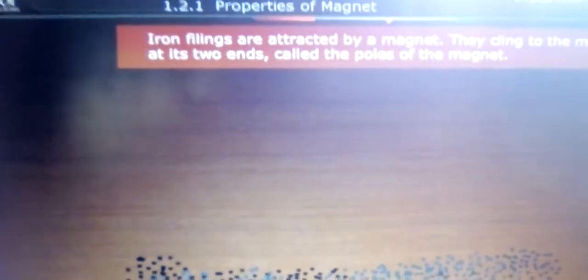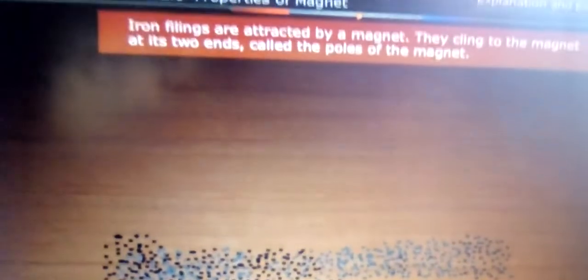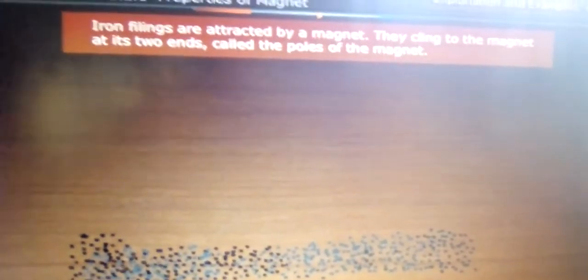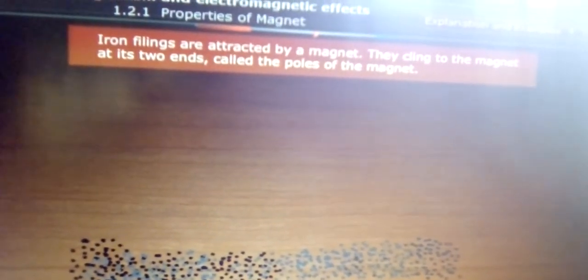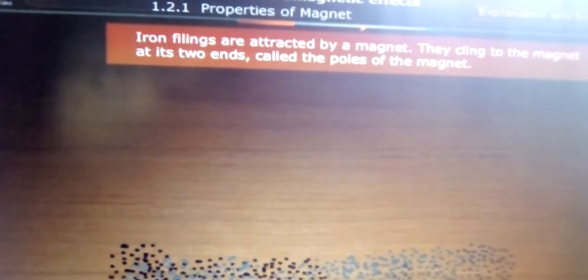Okay, welcome. We are looking at properties of a magnet, and we are saying that iron filings are attracted by a magnet, and also the strength of a magnet is always at the ends.